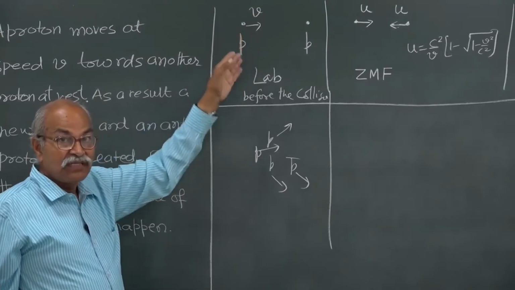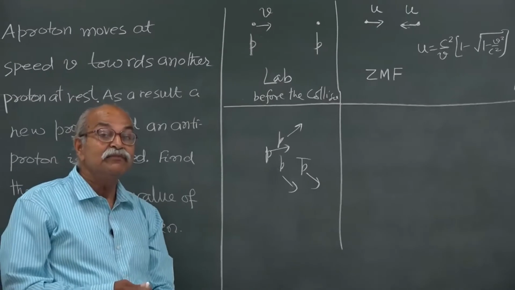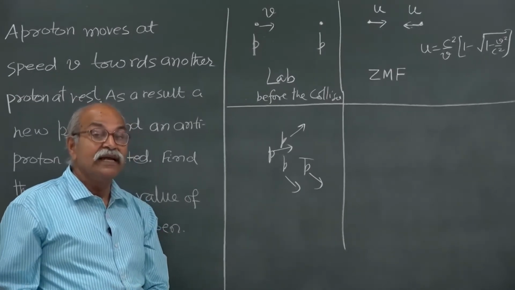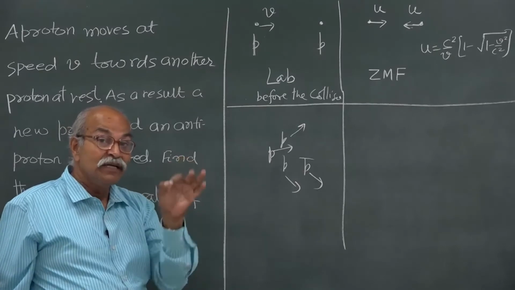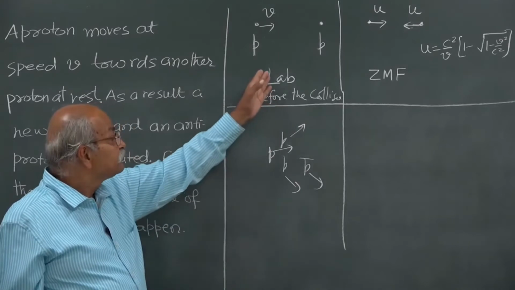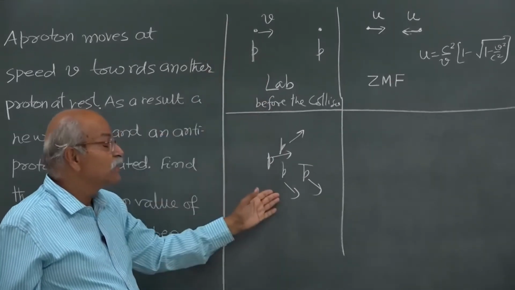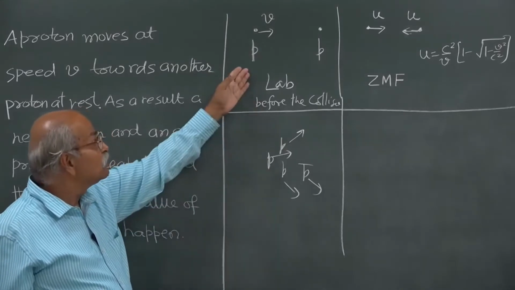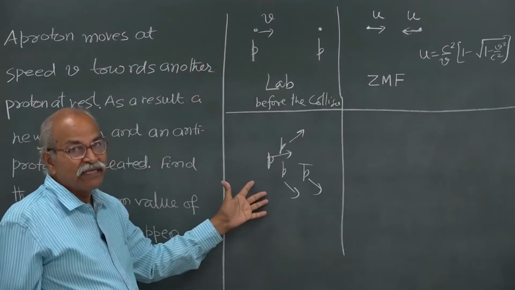This is because before the collision and after the collision, the linear momentum does not change, and the total energy does not change, that is the energy momentum conservation principle. Before the collision you have some momentum, the same momentum you will have here. Before the collision you have some total energy, the same total energy you should have here.